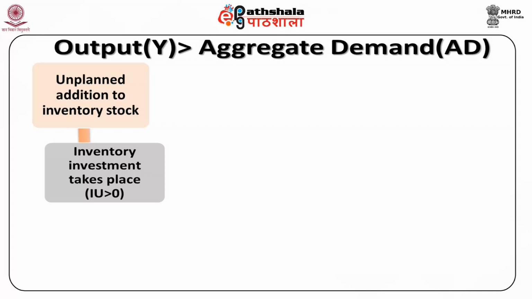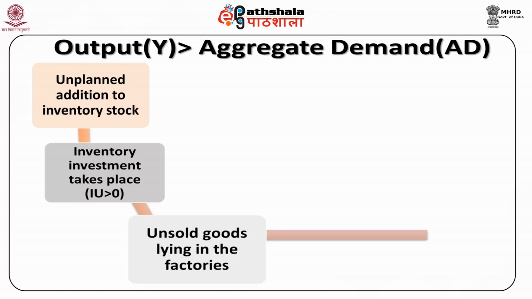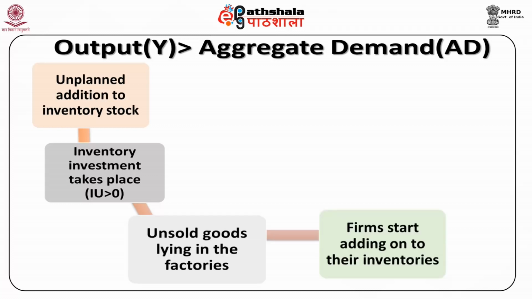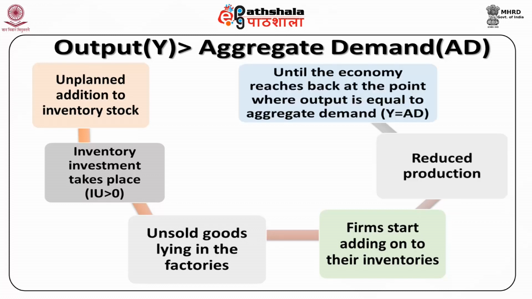IU is greater than 0, as there are unsold goods lying in the factories. As firms start adding to their inventories, they reduce production until the economy reaches back at the point where output is equal to aggregate demand, that is, Y is equal to AD.